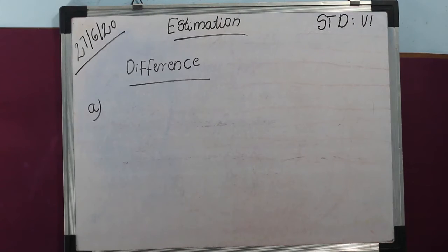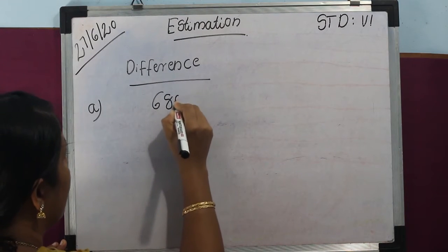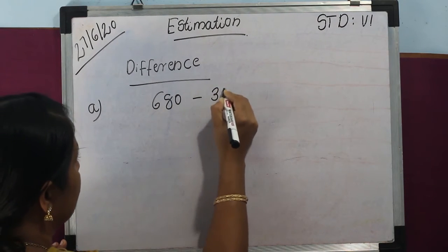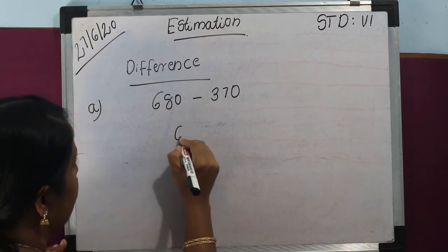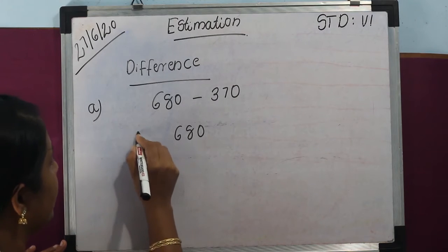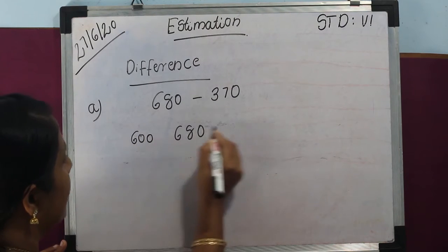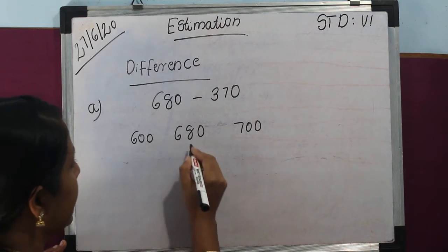Okay. Our next heading is find the difference. Consider the example 680 minus 370. First number is 680. The number 680 lies between 600 and 700. Next we take the number 80.